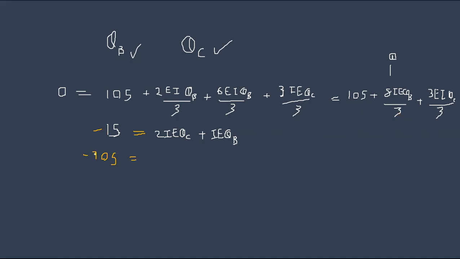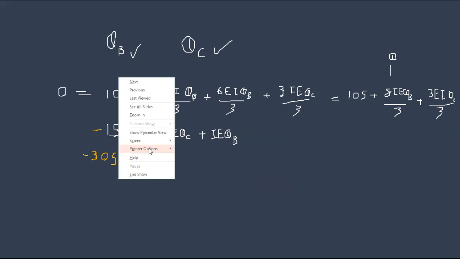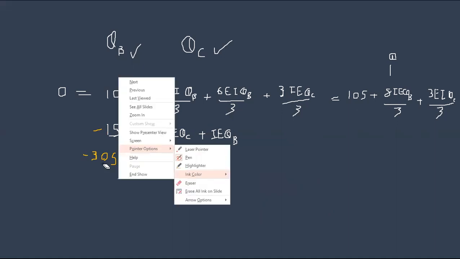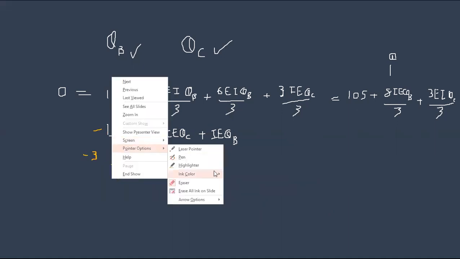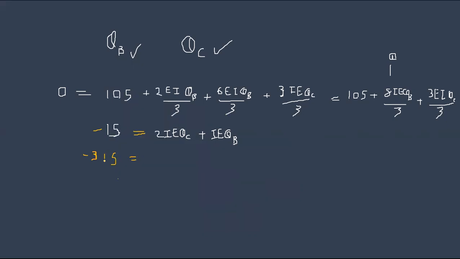So there's going to be 350. That's going to give you 3EI theta C.